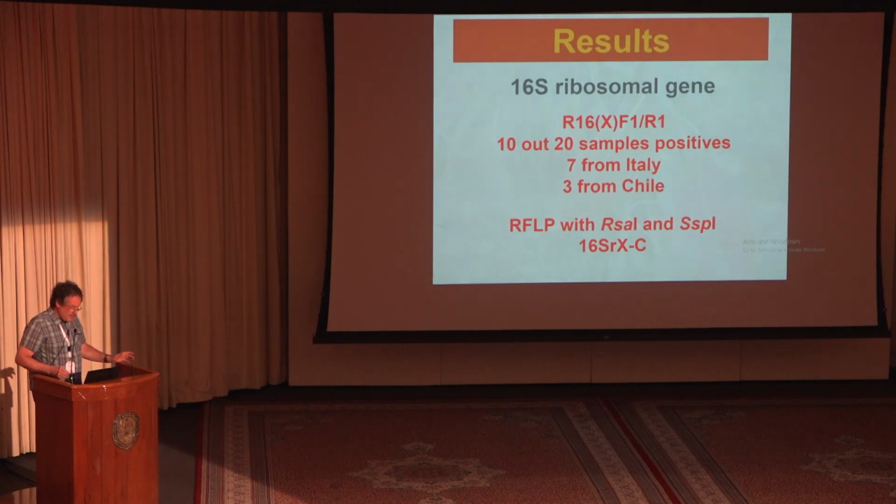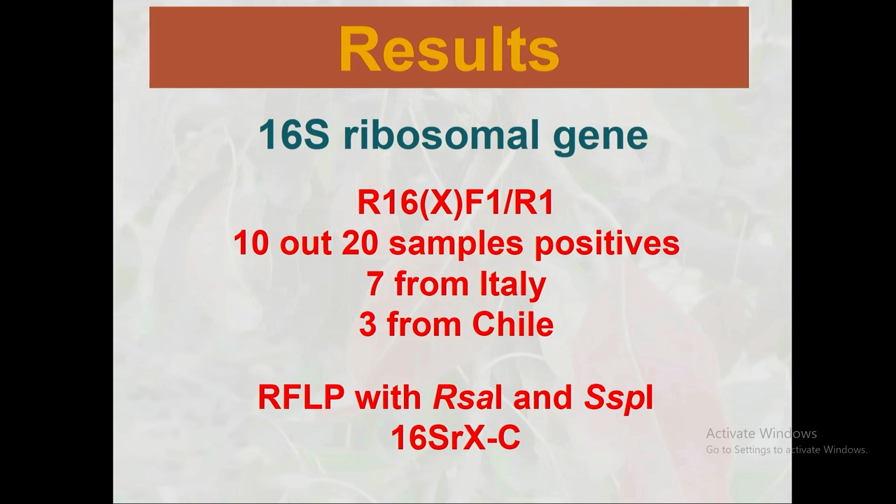Okay, the results in the 16S ribosomal gene, we obtained 10 samples positive out of the 20 analyzed. This is normal with phytoplasma.